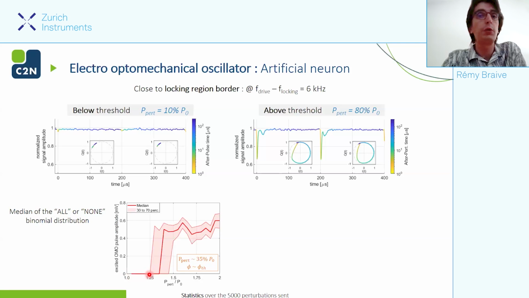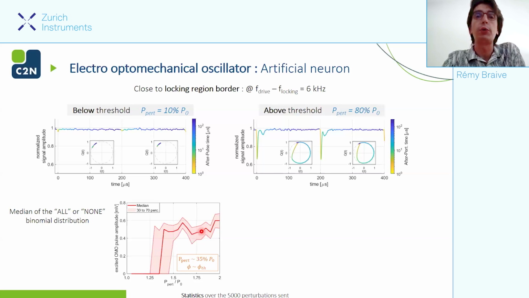When we are below the threshold, of course, we are not able to read any response. So we are in this case here, and suddenly we have an abrupt change, and we see almost always the same response.